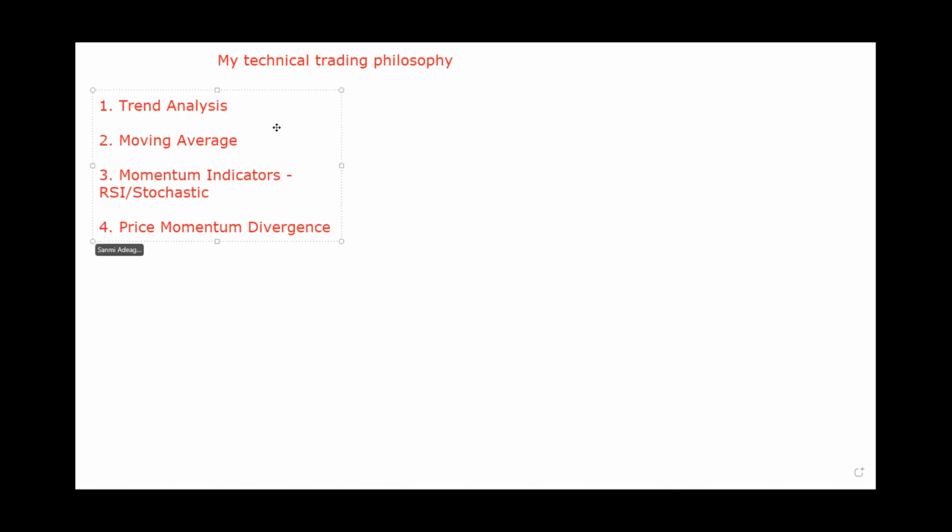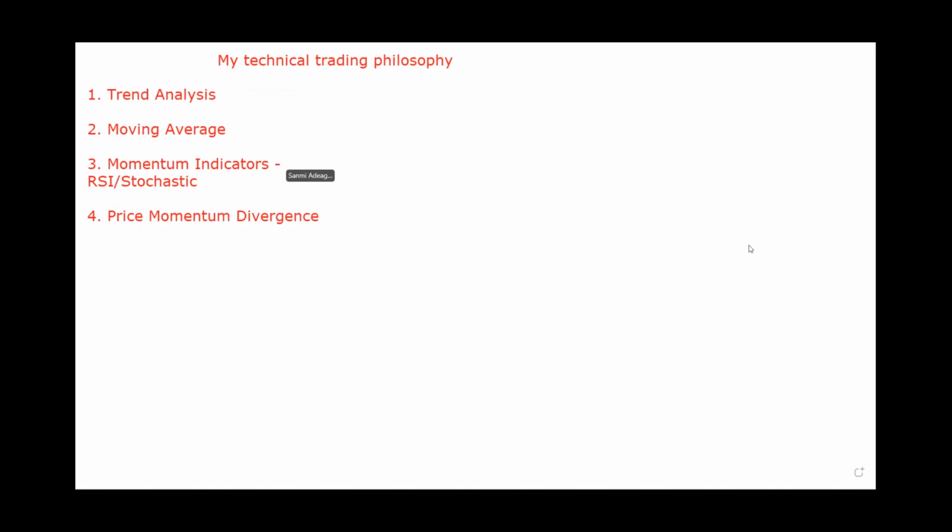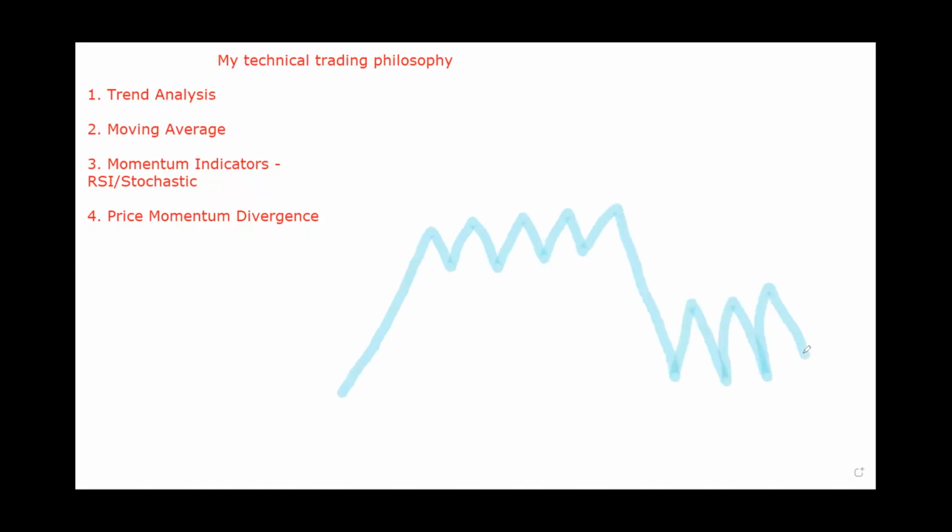Maybe I should just say a little bit more, especially for those who are just joining the class. When we talk about trend, we have an uptrend and we have a downtrend. When the market is not trending, we want to wait for when it's going to return to trend, because there's a lot of transition in the market. You see a market trending, then it goes sideways, then it trends again, then it goes sideways again, trends again.